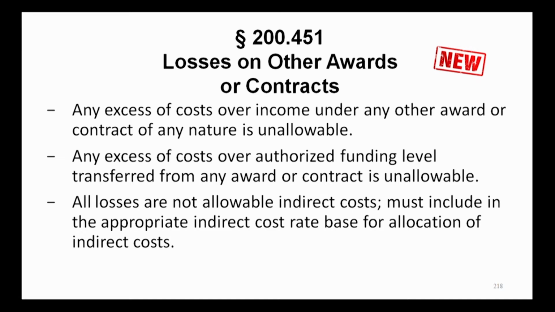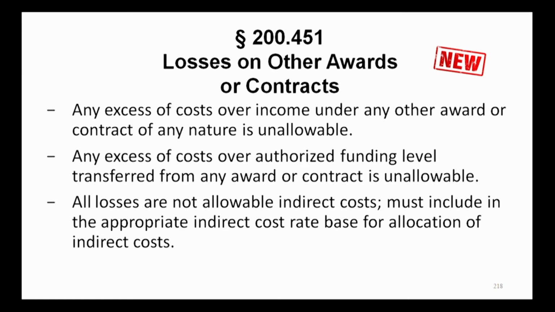New section on 451, losses on other awards or contracts. So any excess of cost over income under any other award or contract of any nature is unallowable. Any excess of costs over authorized funding level transferred from the award or contract is unallowable.